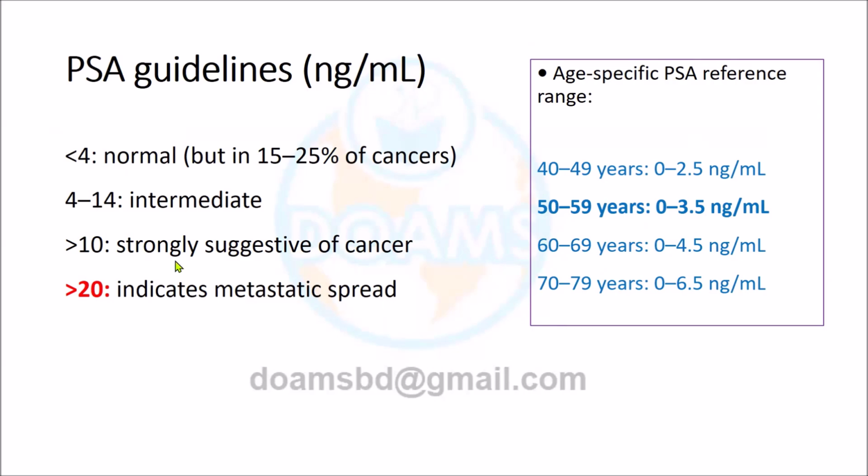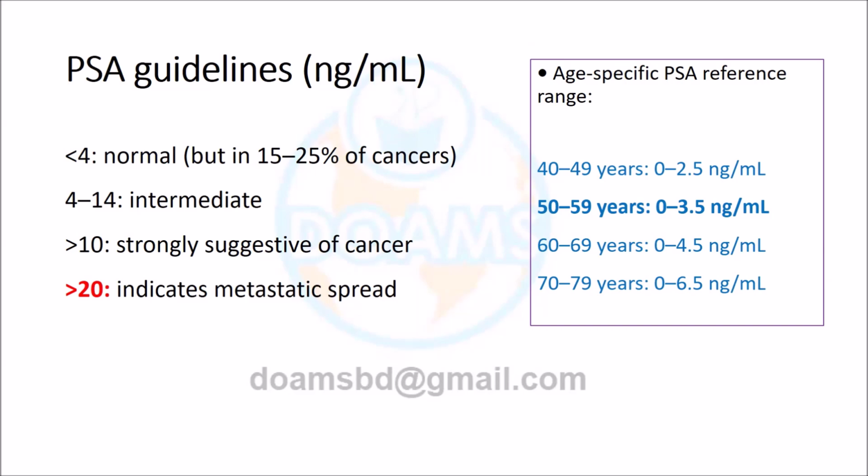If it is more than 10, it indicates presence of disease. It is just an assumption. This is their study or trials, whatever we say, they have decided. But it may not be 100% true, as you already understood.